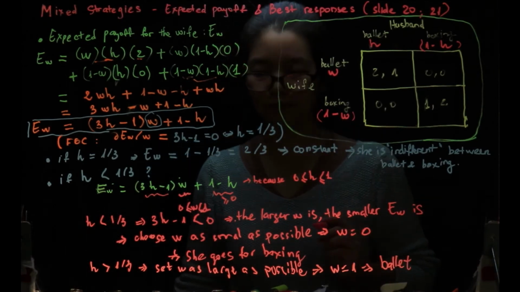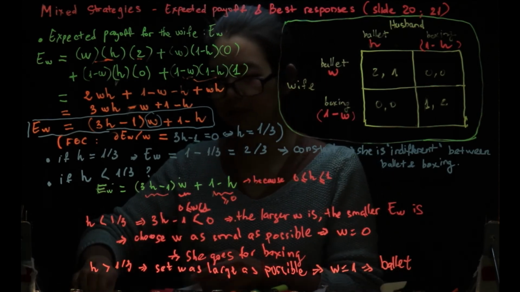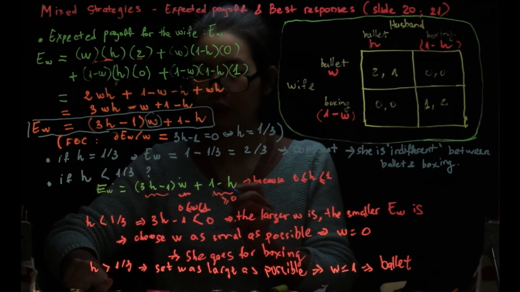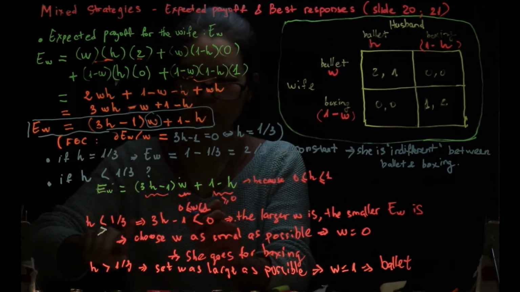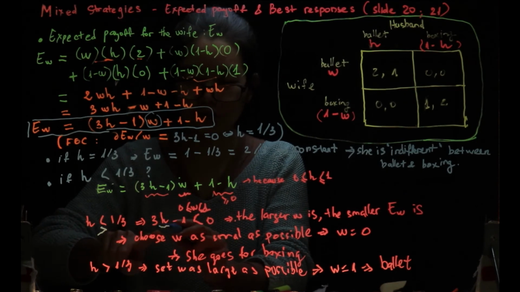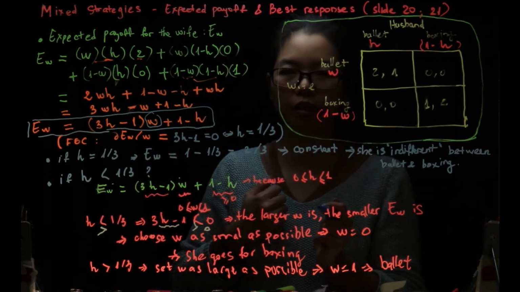ballet. Now, again, why? Because in that case, when H is larger than 1/3, then this term, 3H minus 1, will be larger than 0. And when the slope of a function is larger than 0, what does it mean?